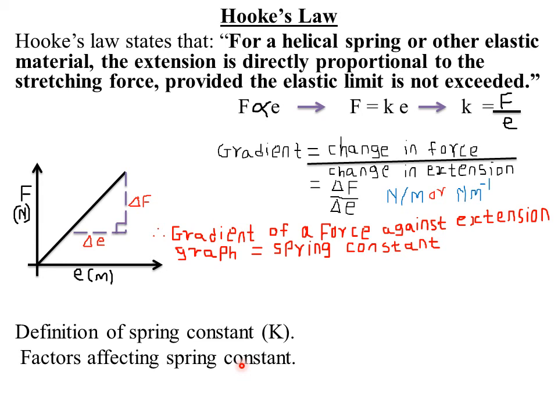So in summary, the factors affecting the spring constant are: 1, the material of the spring; 2, the cross-sectional area of the spring; 3, the thickness of the wire used to make the spring; 4, the length of the spring; and 5, the number of turns per unit length.